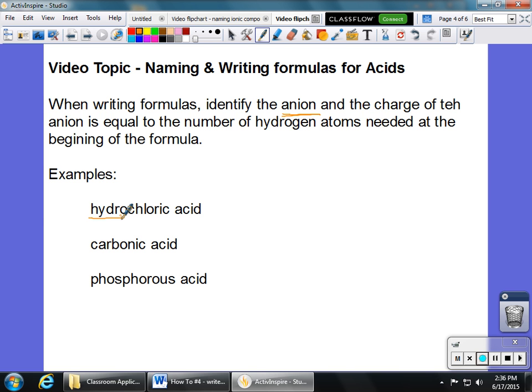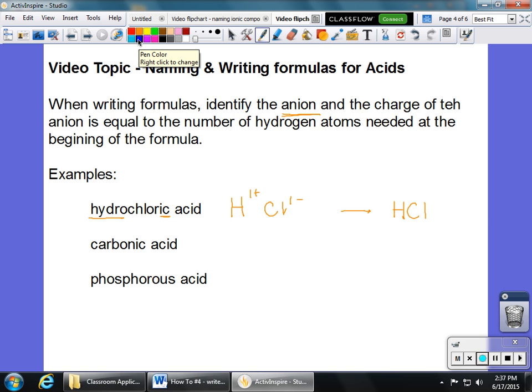Example, hydrochloric acid. Since it has hydro and IC, we know that it comes from chloride, which is a 1 minus ion. Since it's 1 minus, and we know that every acid starts with H, which we know is a 1 plus, plus 1 minus 1, hydrochloric acid is HCl. The next one is carbonic acid.